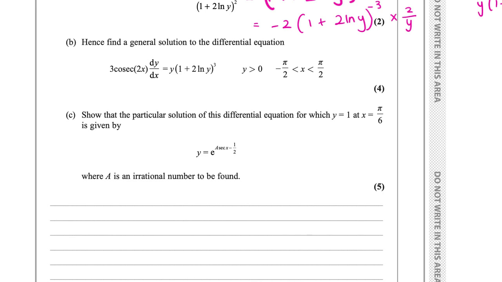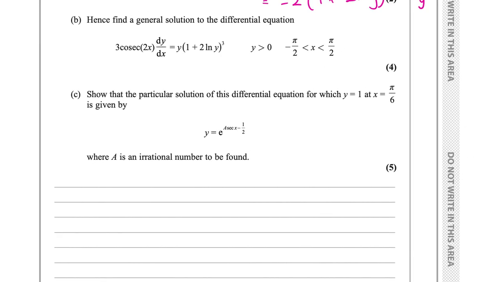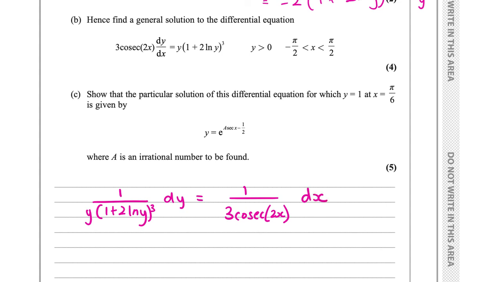Y is on one side, x is on another, etc. So, what are we going to get? 1 over y lots of 1 plus 2 ln y cubed with respect to y equals 1 over 3 cosec lots of 2x with respect to x. All I've done there is cross multiply. Okay? I haven't done every single step. We should be okay by now.